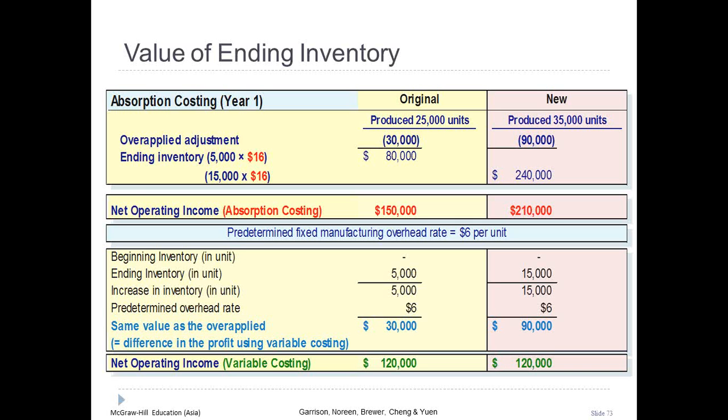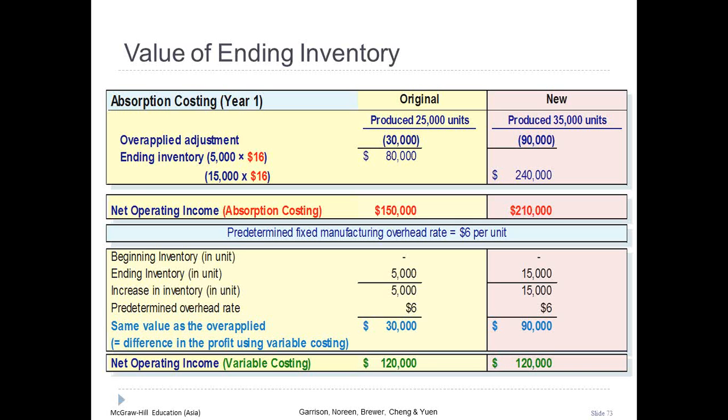So the variable costs associated with additional inventories are netted off by the increase in the production cost in the ending inventory. The additional fixed manufacturing overhead created here reduces cost of goods sold by the same amount, giving rise to the additional profit that matches the under or over applied adjustment.